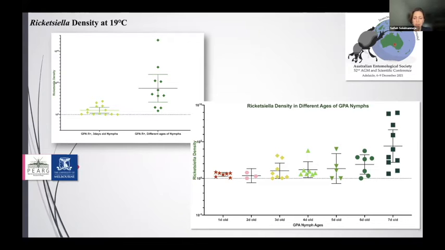Also, to get a clearer view of the changes in Rickettsia density across the different ages of the nymphs for the GPA, we compared the different ages, and you can see that there is a gradual increase in the Rickettsia density. When it comes to 7 days old, it really increases a lot.